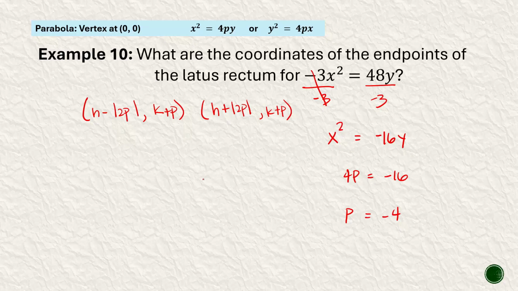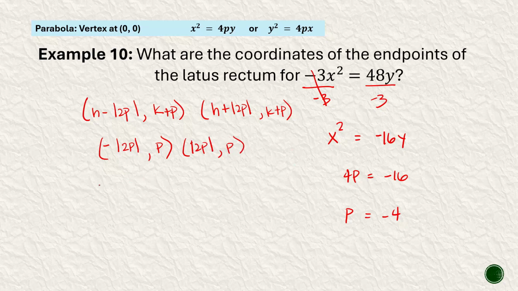But the next thing that we will do first is simplify the formula because our h and k are both 0, just like what we did in the previous example. This is just going to be negative absolute value of 2p, comma, p, and then absolute value of 2p, comma, p.